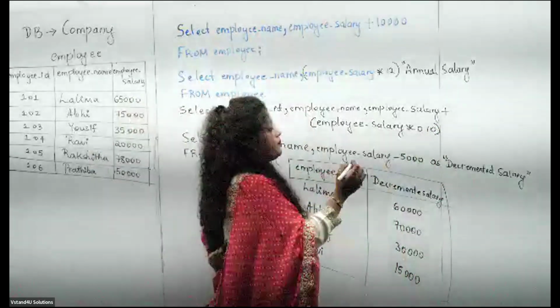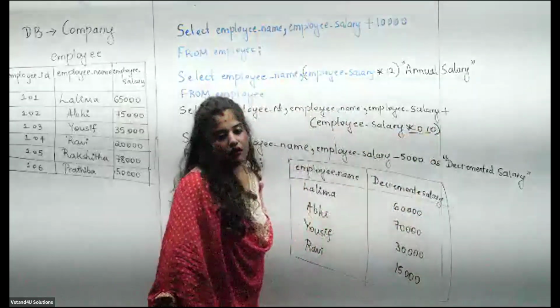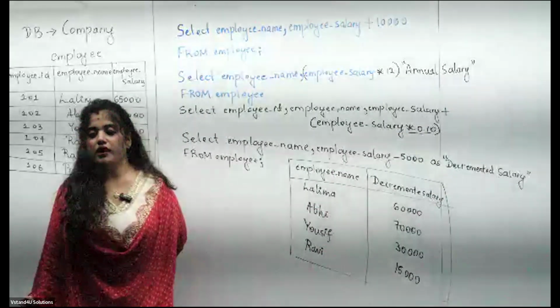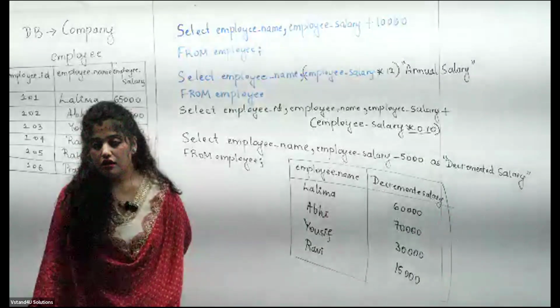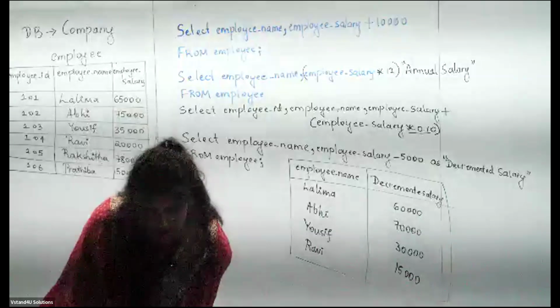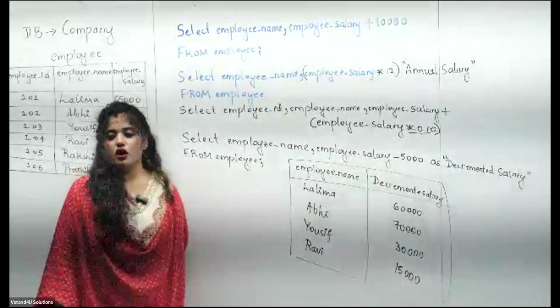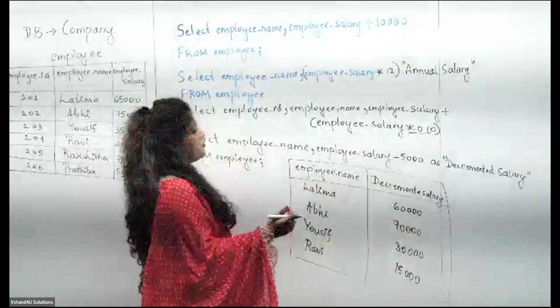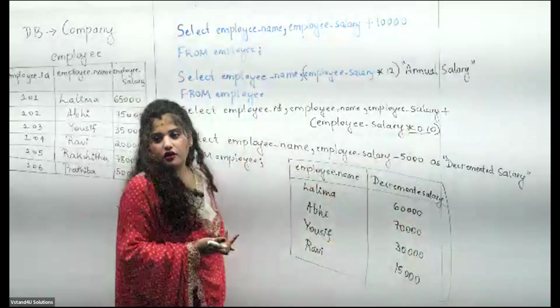Guys, now you people tell me, why am I writing into 0.10? 10% you will multiply or divide by 100? 10 divided by 100, no? Then you will get 0.10. You want me to write that also? 10% is equals to, you want me to write?